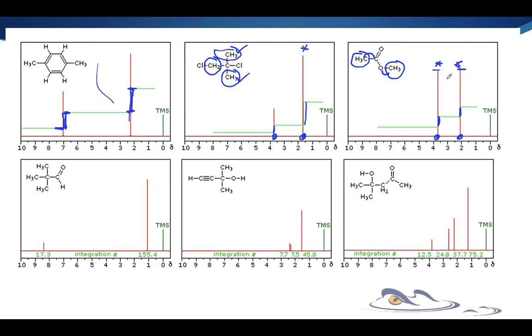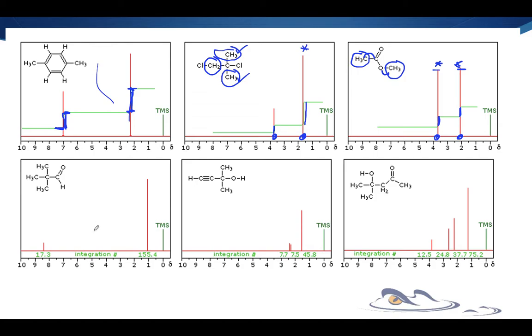So I'm looking at the number of environments, and I'm looking at the relative number of hydrogens in each of those environments. I don't have to know that this peak is this group and this peak is that group. That's not what I need to know, and that's why you're going to throw that chart away, because it'll just confuse you if you sit down and try to figure that stuff out.